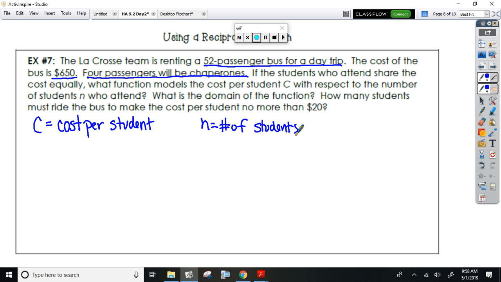So it's a 52-passenger bus and 4 people are chaperones, like teachers or coaches. So how many students maximum could go on the trip? 48. 52 total passengers minus 4 chaperones. 48 is the max number of students that could possibly go on this day trip.